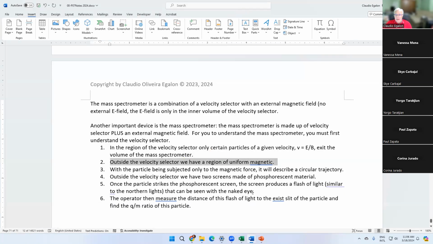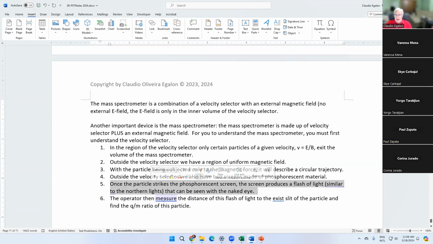Outside the velocity selector, we have a region of uniform magnetic field, with the particle being subject only to the magnetic force. It will describe a circular trajectory. Outside the velocity selector, we also have two screens made of phosphorescent material.